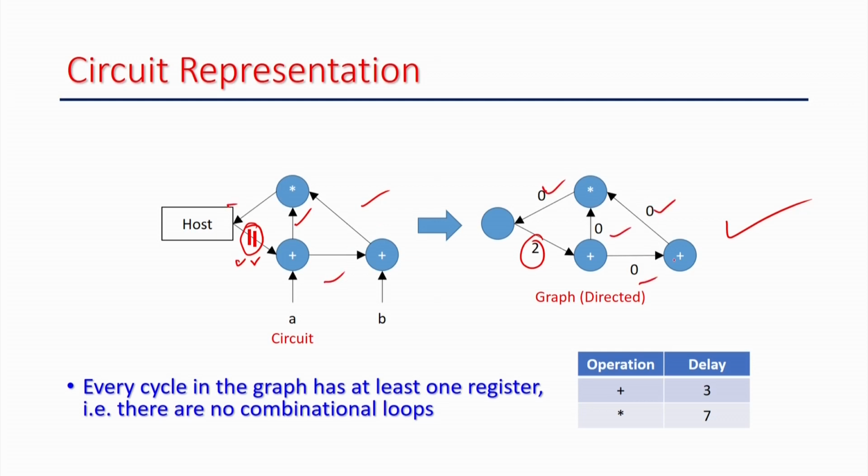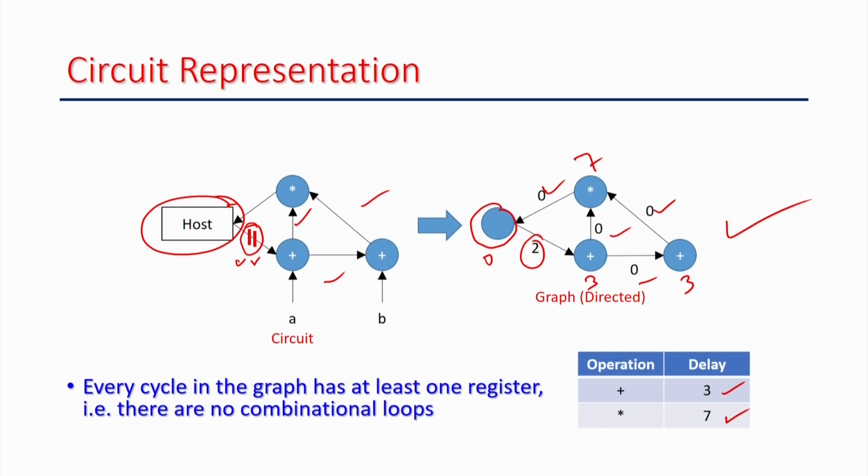We assume the delay of the adder is 3 and the multiplication is 7. So D of this node is 3, this is 3, this is 7. Suppose this is the host, meaning input, so I have a node for input whose combinational delay is 0, because this is just the starting point of your circuit. This is how we represent a digital circuit using a graph.